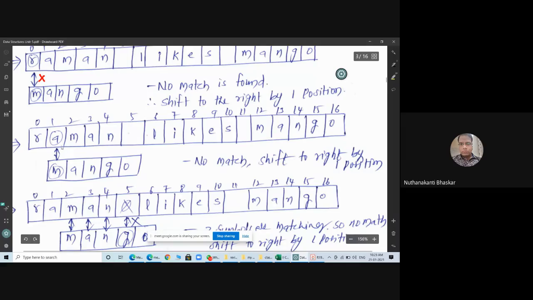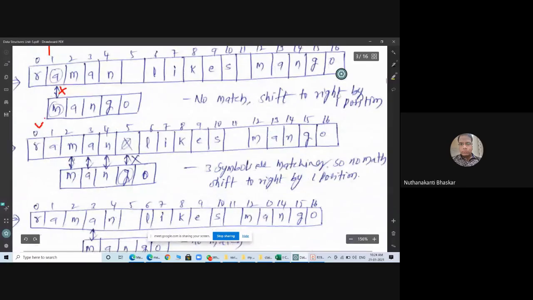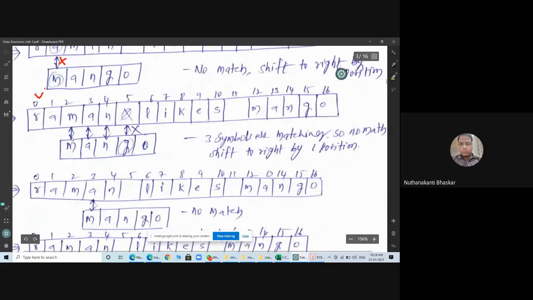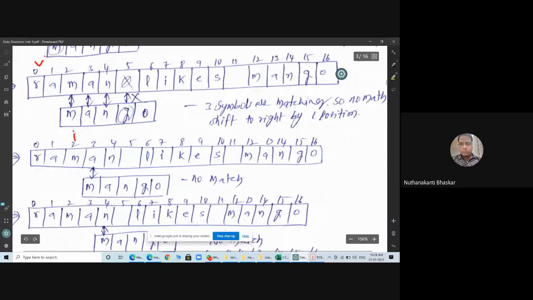This is the j value, this is the i value. Now M is matched with A. Not matching, so i is incremented by 1 and moves to 2. The j stays at the 0 position.